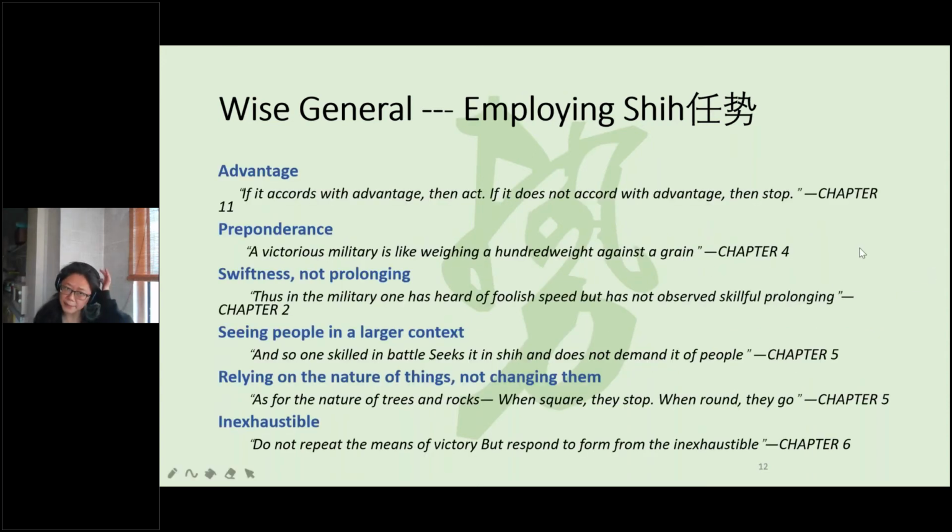Here are some key points when we are trying to employ shi, because it talks about the qualities of shi.